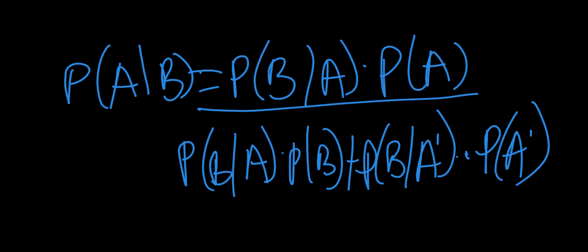So this is the law of total probability in Bayes' theorem for the conditional probability of event A happening given that event B has already occurred.